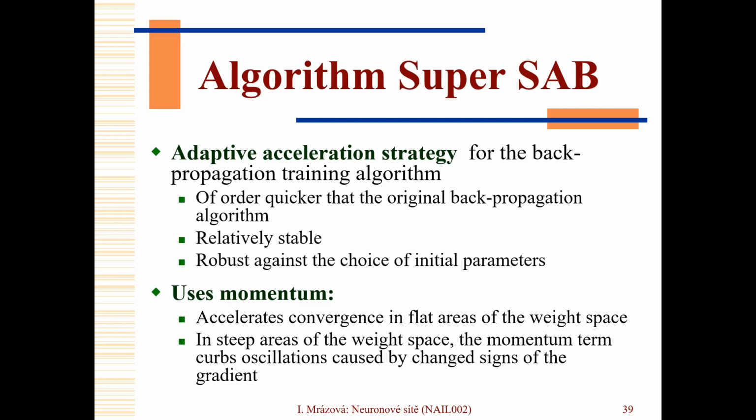By doing just the right steps, this algorithm is relatively stable, an order of magnitude quicker than the original backpropagation algorithm, and relatively robust against the choice of initial parameters. It uses the momentum. So if a step is taken, the algorithm uses the momentum. This accelerates convergence in flat areas of the weight space. So if the algorithm continues to go in the same direction, it uses the momentum in order to make the steps bigger.